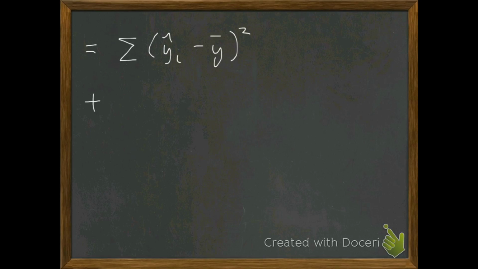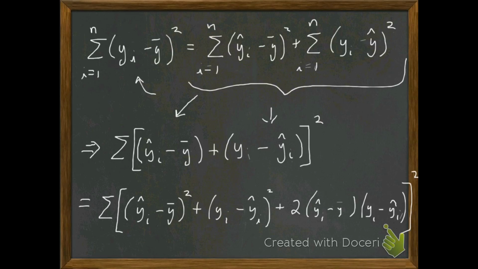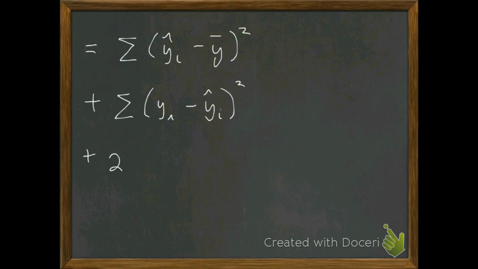And then I'm going to look at the sum of my y sub i's minus y hats squared. And then obviously I can pull the 2 out, and then it's just the sum of, okay.